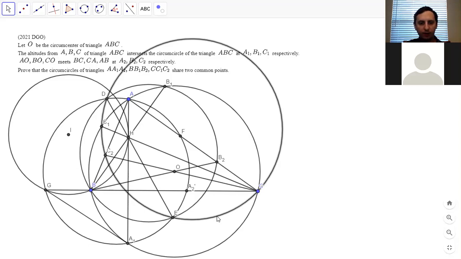We could just define A2 normally and show it has the same ratio of the powers with respect to those circles. So I'm not exactly sure how we would calculate that.